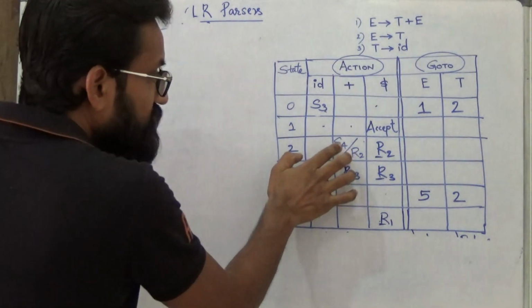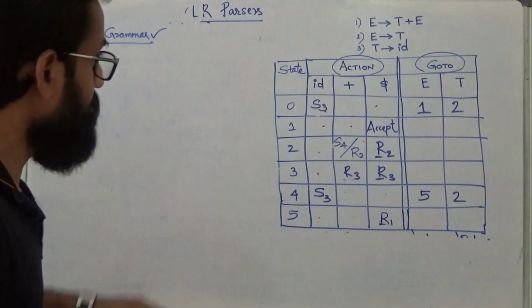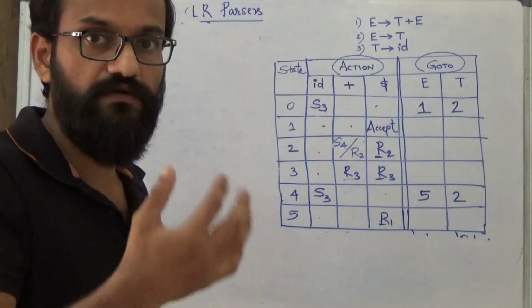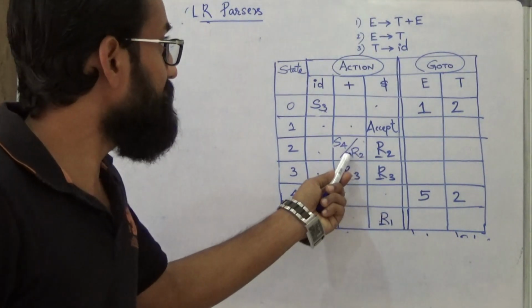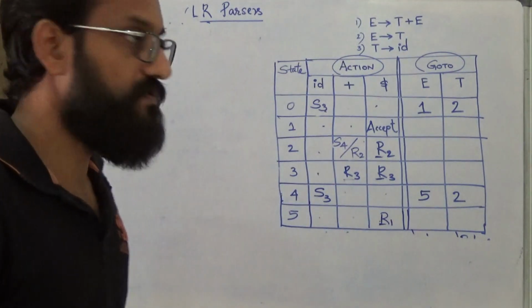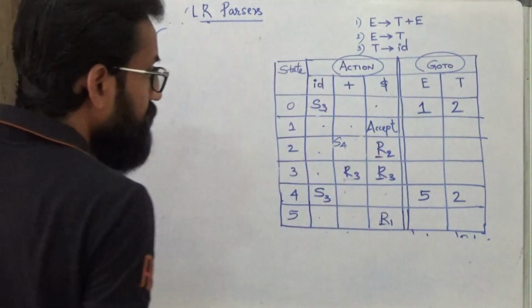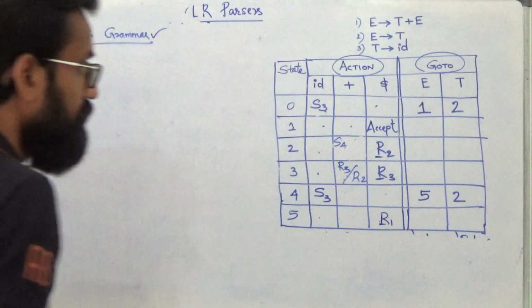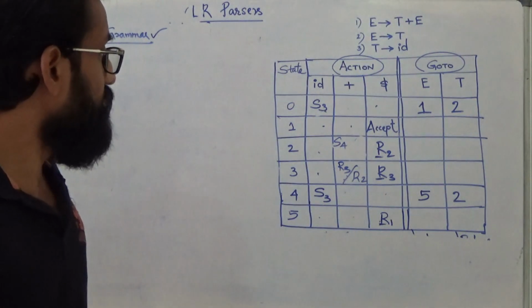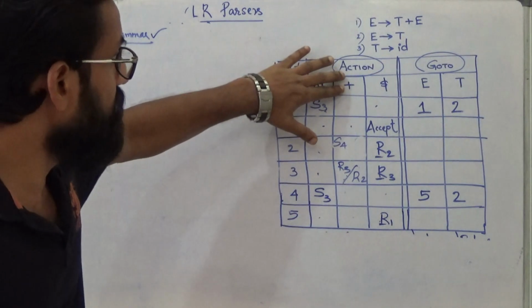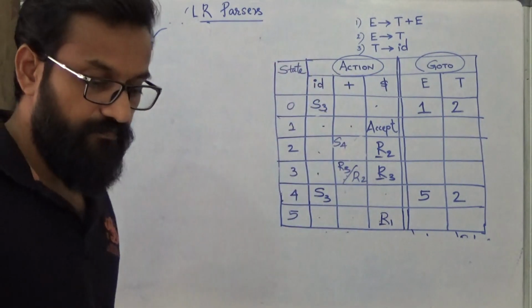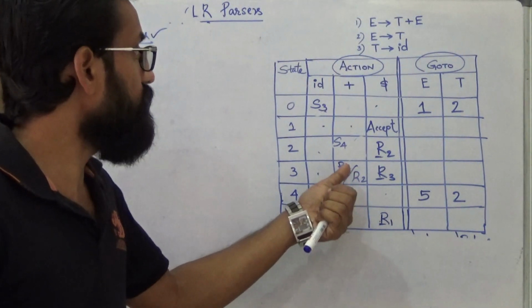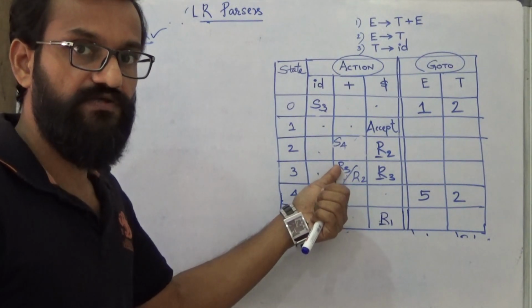So this actually leads to a shift reduce conflict, that is from state 2 and for the input plus, you can either perform a shift operation of plus into the stack, or you can perform a reduction by applying the second production. That is actually a shift reduce conflict. Again you can have multiple entries like this, R3 and R2, that is from current state 3 and the input plus, you can either perform reduction using the second production, or reduction using the third production.